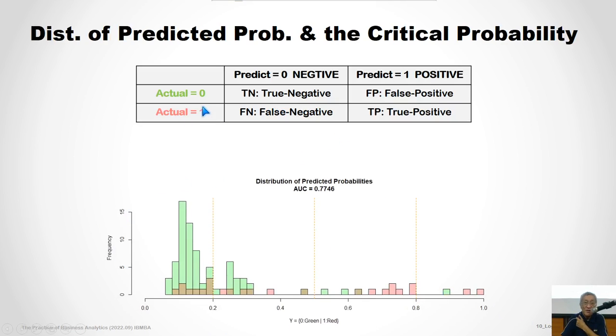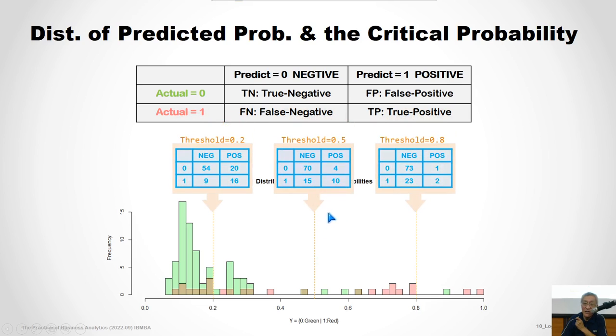As I told you, if I set the cutoff value at 0.5, then I have 14 points on this side. In these 14 points, I predict positive, but actually 10 points are really 1, and 4 points are actually 0.